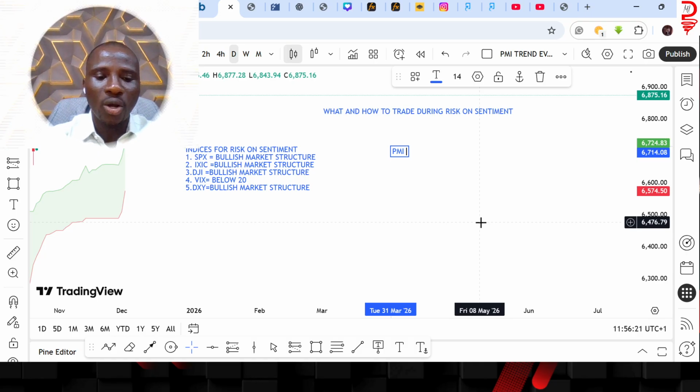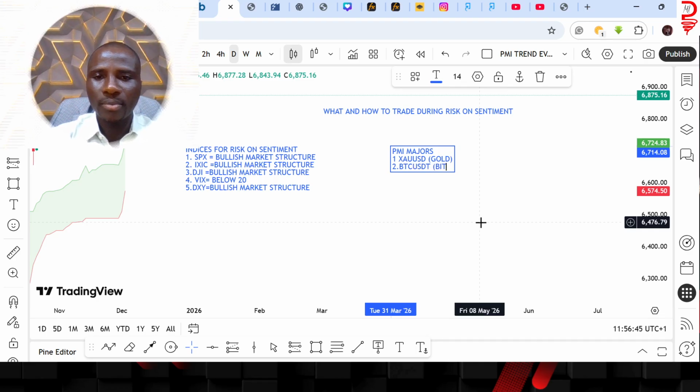So we have what we call PMI majors. The first one is XAU, popularly known as gold. The next one is the BTC USDT, and that is Bitcoin.